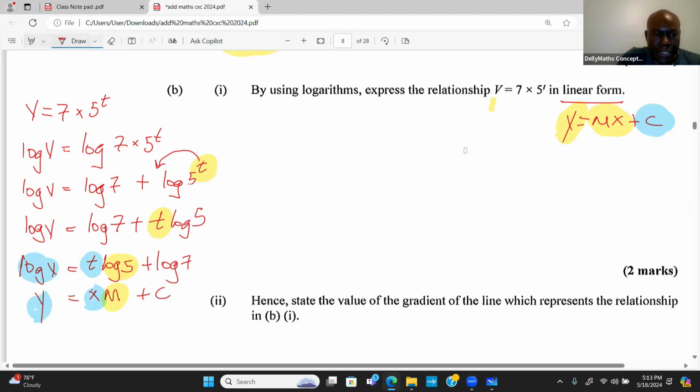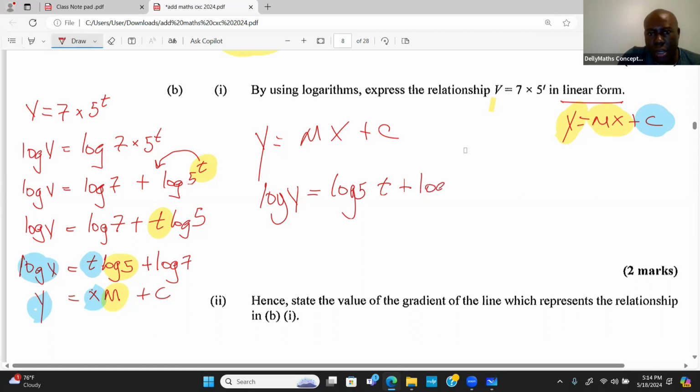So how are we going to set it? So y is equal to mx plus c, right? Finally, you're looking at log v, which is equal to mx, as you could see. If you want to put it like, say, log 5 and then t here, right?